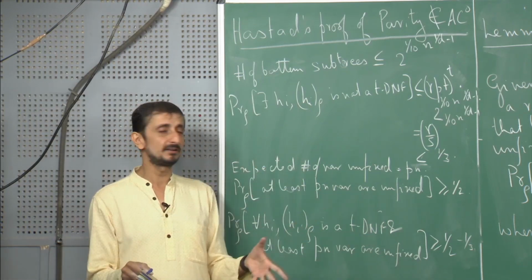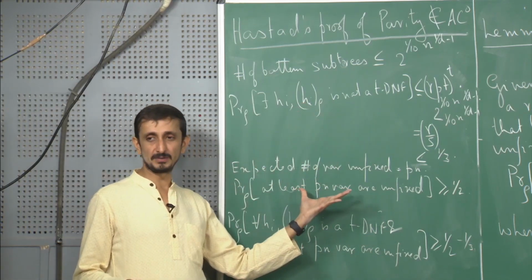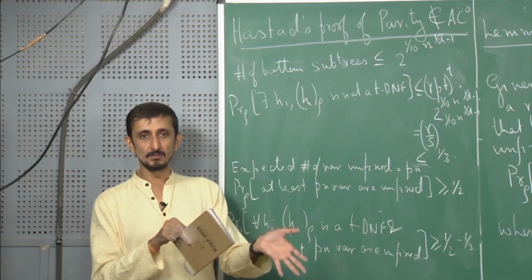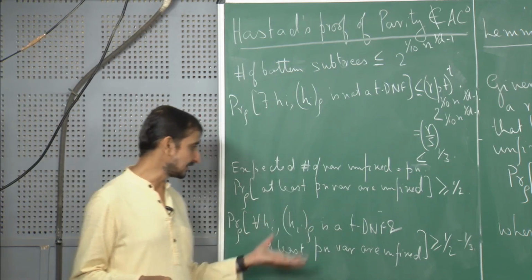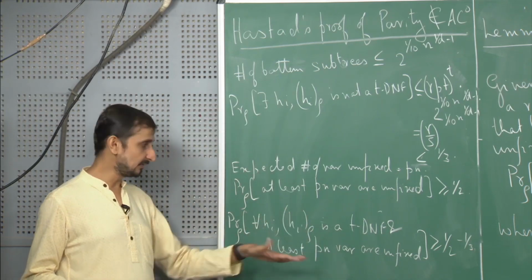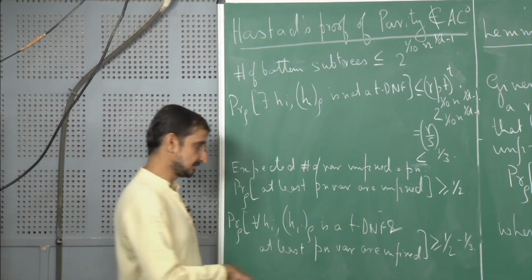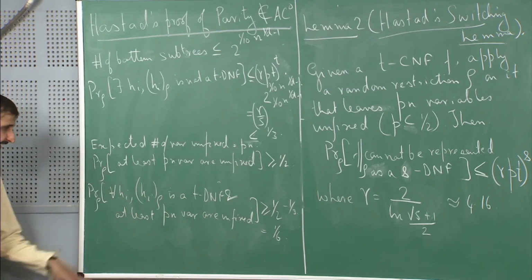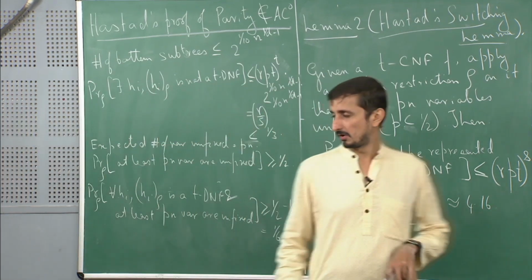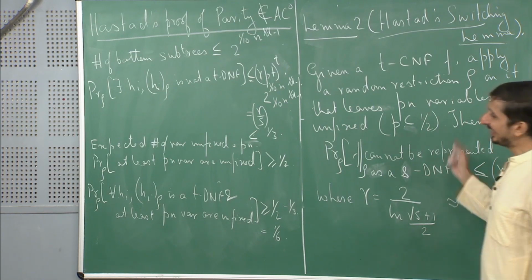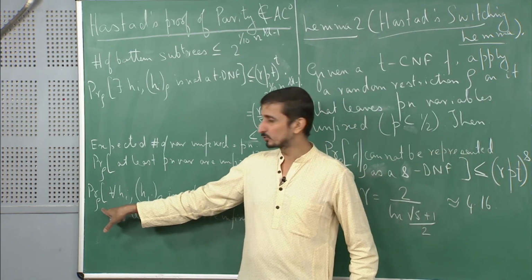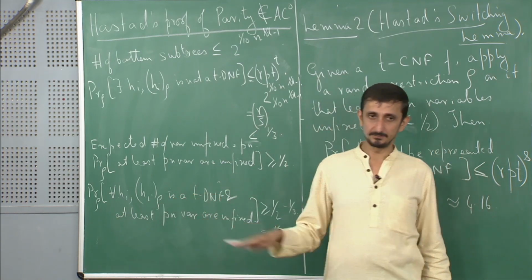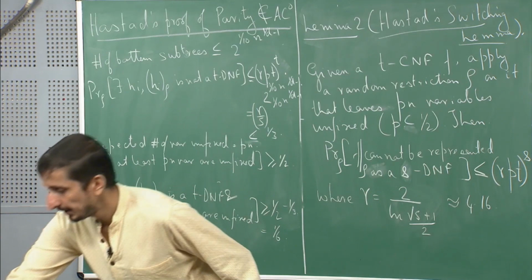So I have 2/3 fraction from here and half the fraction from here. Therefore, if I look at the common part of both, at least 1/6 of the fraction of rows will give me both these properties. Okay. This is a quantity greater than 0, which means that there exists some row, we will call it rho star, such that with respect to rho star both this statement and this statement are true. Okay.